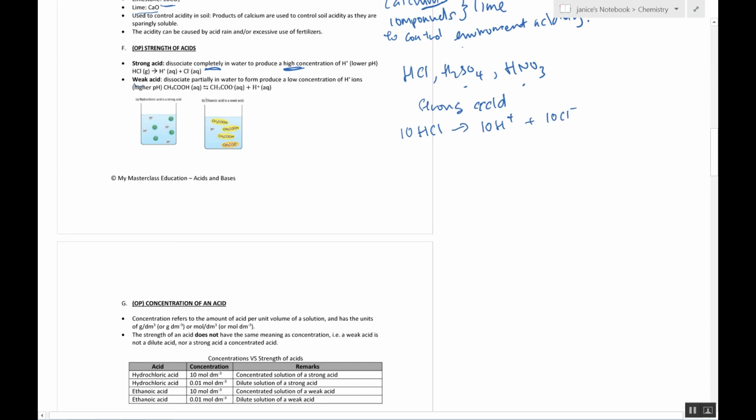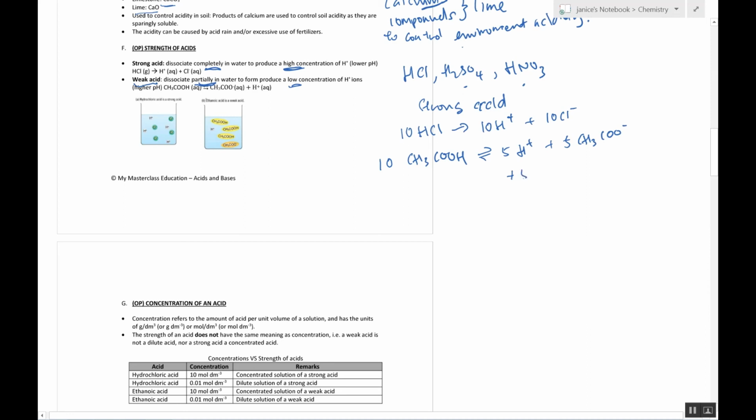For it to be a weak acid, it dissociates partially, so it produces a low concentration of H+ ions, hydrogen ions. Now if you have 10 CH3COOH, at any point of time, maybe you will only have 5 H+ and 5 CH3COO-.